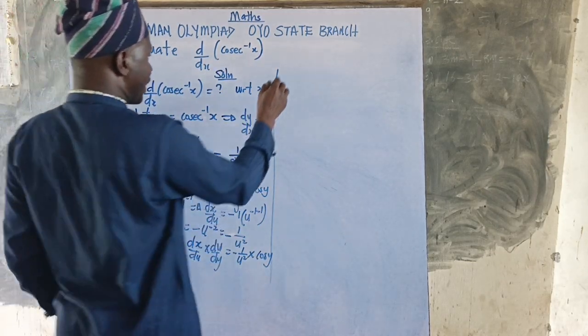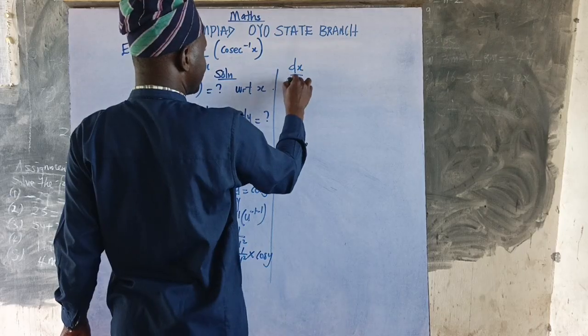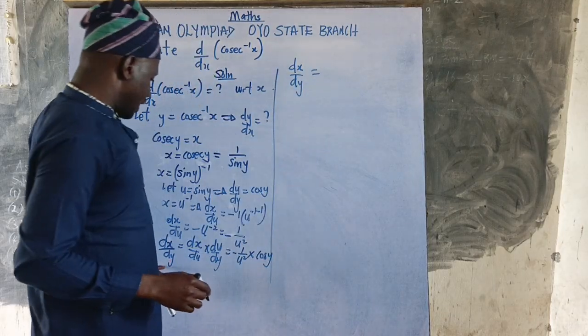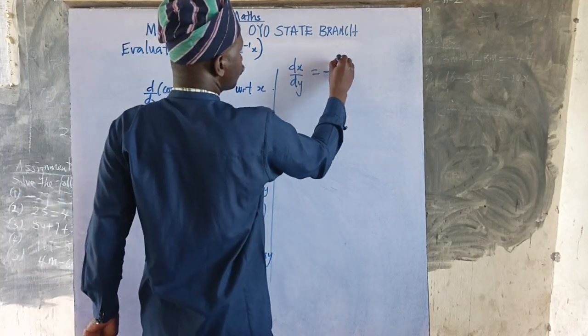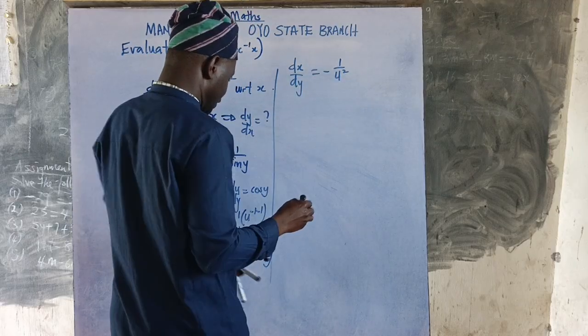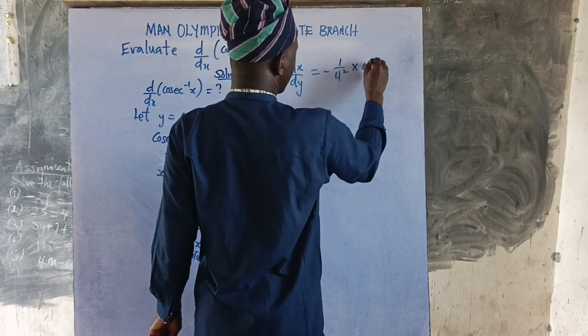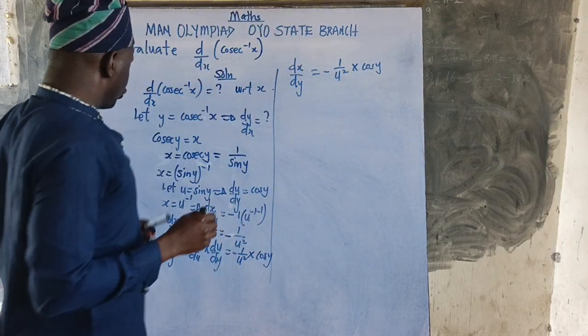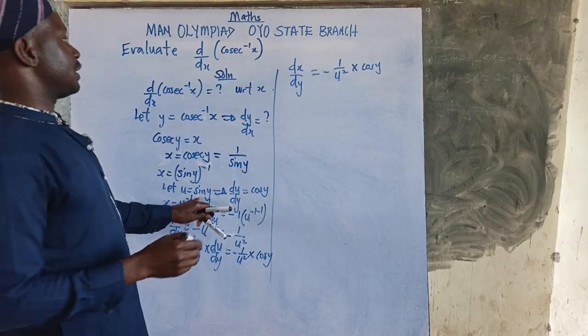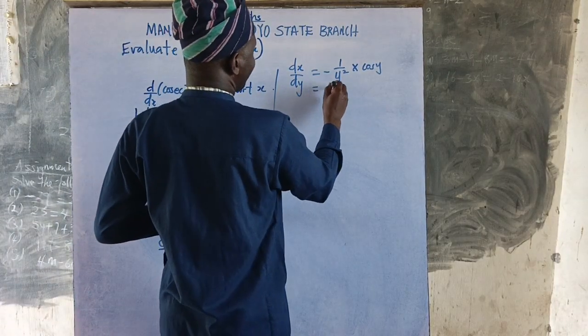So now when we simplify further, dx/dy will be minus 1 over u squared times cos y. Don't forget, u equals sine y. We are going to substitute back.